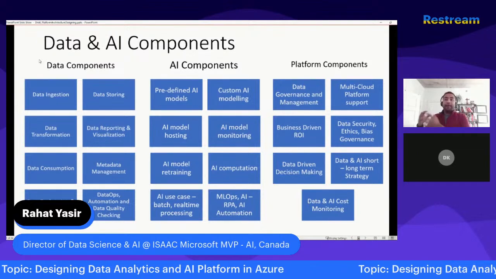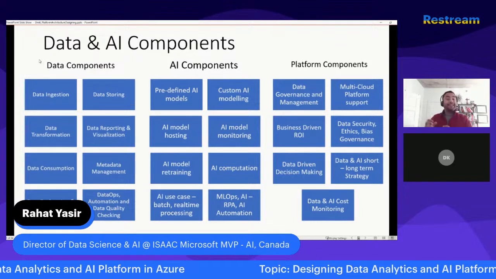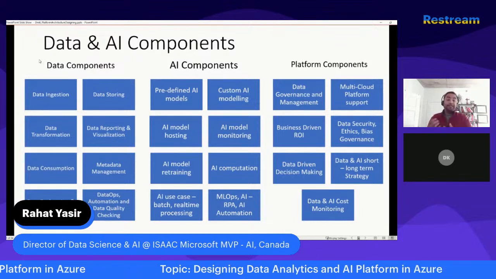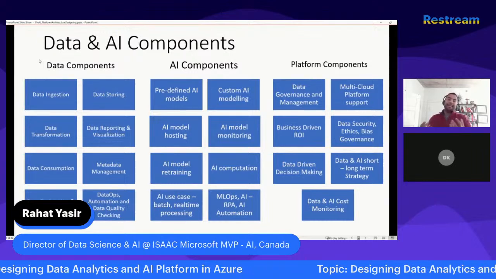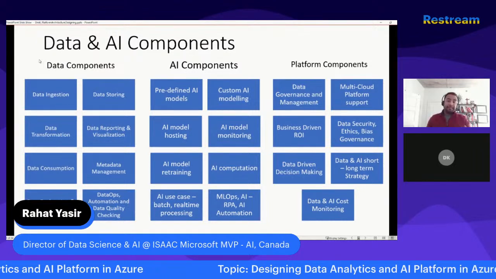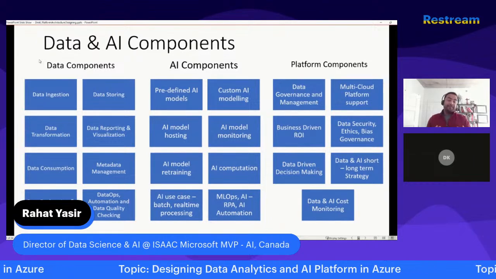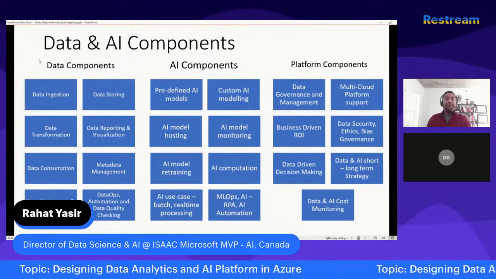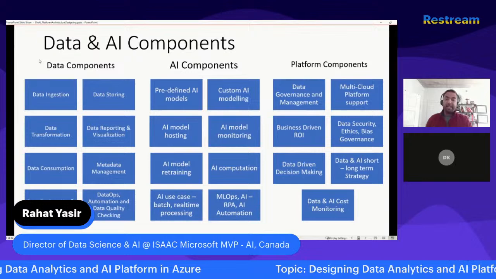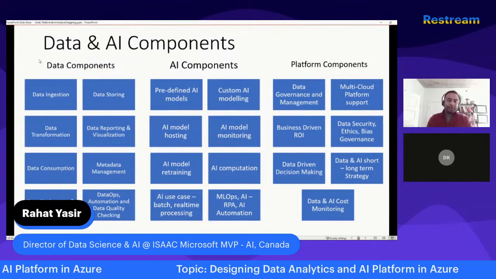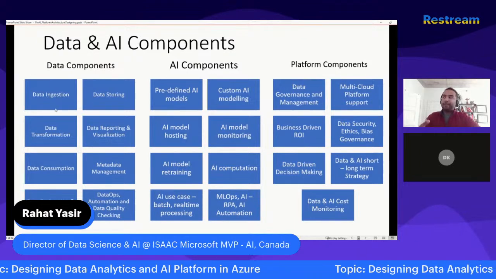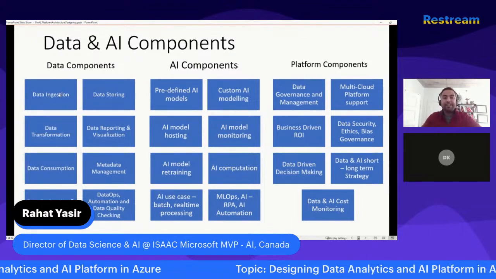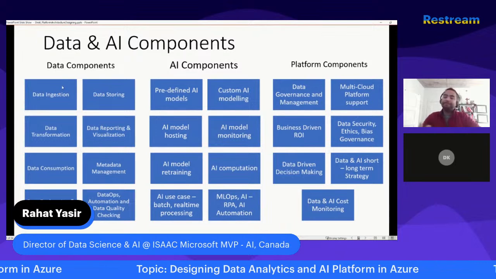You need to extract data from that source, then transform it, and then load it to your system. When you load it, yes, you can load it as it is, but sometimes you also need to transform it so that you can load it according to your need, based on the schema that you want to have and the way you want to use it. So that's why it's always important to choose the data ingestion process and tools very wisely.